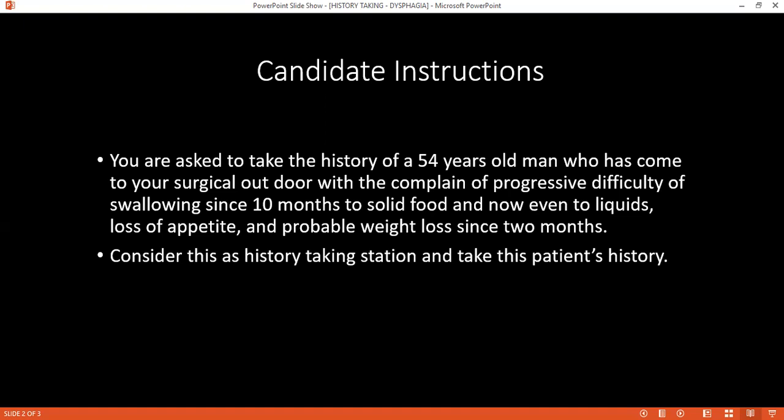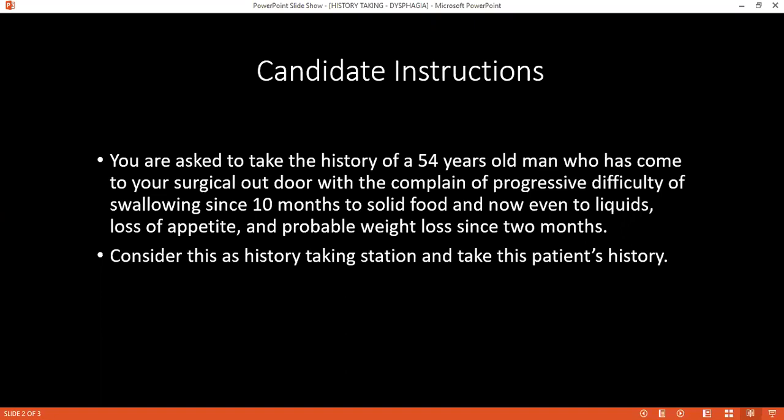Okay. Do you have any family history, any such problem in the family? Yes, my elder sister had the same problem, and unfortunately she died around 2 years before.